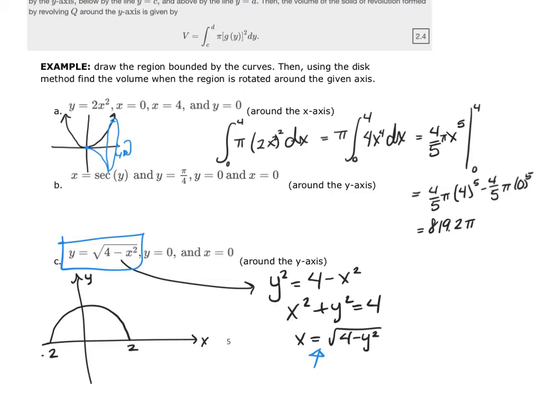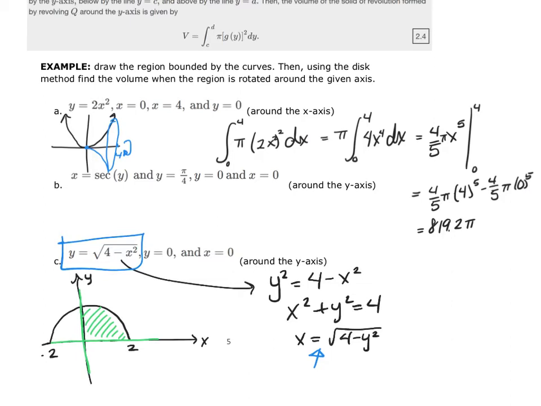So I have that. Now they're telling me that I am going to restrict it between y equals 0. So I'm going to restrict it from here, and I'm going to restrict it also for x equal to 0. So the region I'm going to be integrating is just this region.